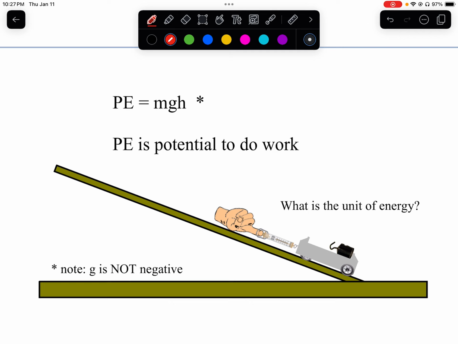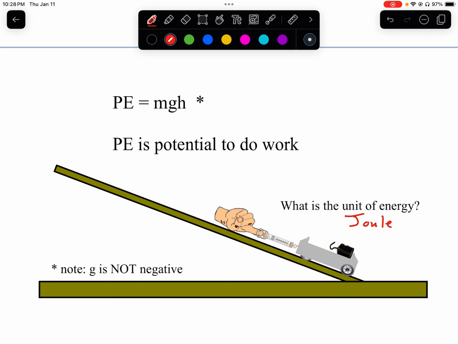The unit of energy is the same as the unit of work, which is the joule. The reason for that is, think about it like money. Here in the U.S. we use dollars. That's the unit for the money. Well, we can have money or we can have change in money. I gained $10 versus I have $20.